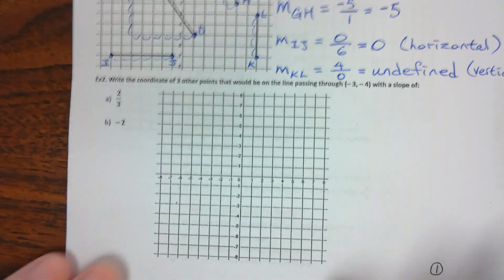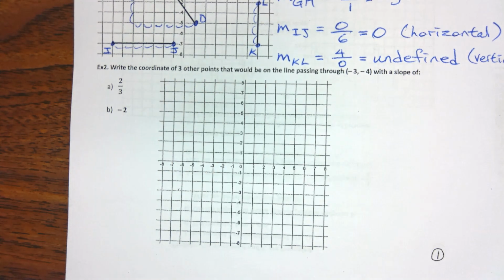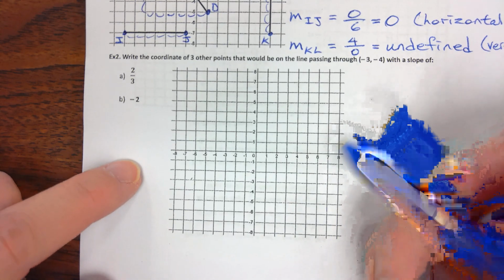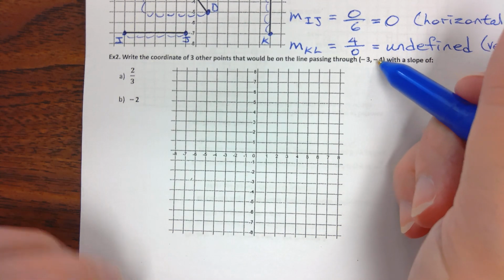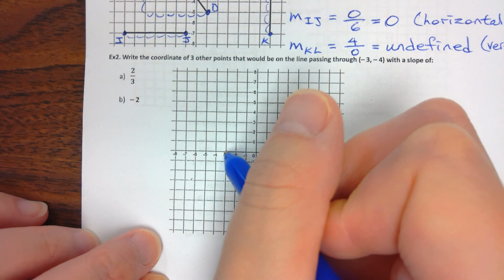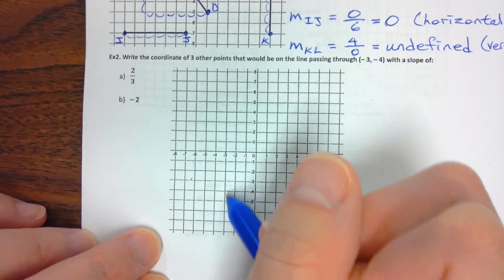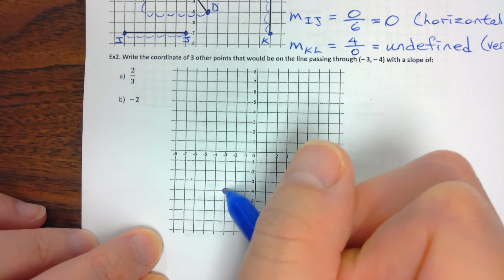Okay, example 2. Write the coordinate of 3 other points that will be on the line passing through -3, -4. Okay, so first off, I'm going to plot this point, -3, -4. So this is my point.